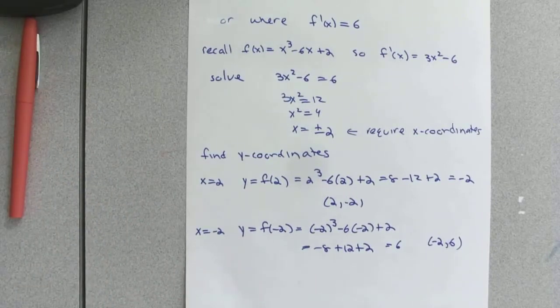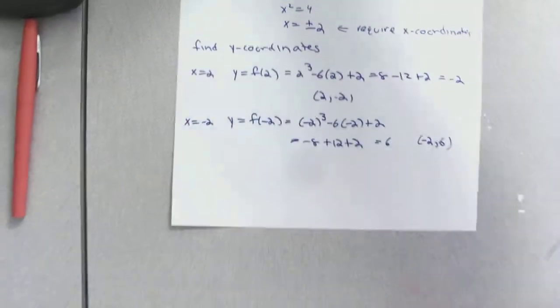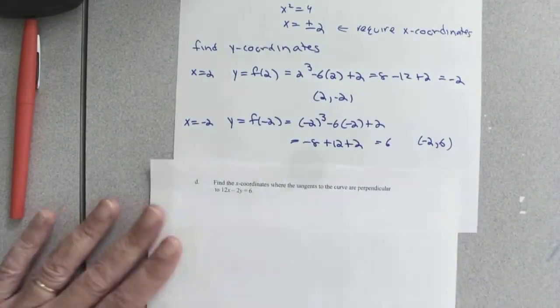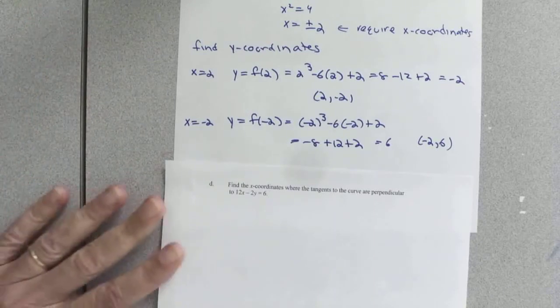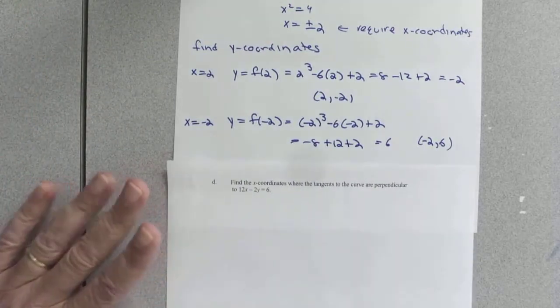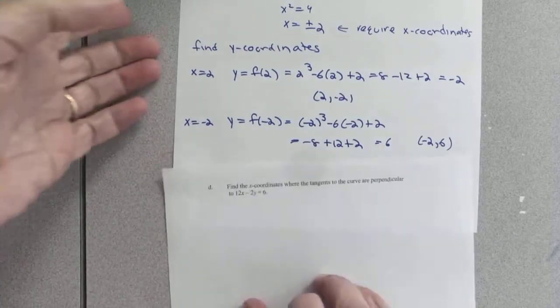One last time working with this same problem, letter D. Very similar. Find the x-coordinates where the tangents of the curve are perpendicular. So the only difference here is perpendicular. And notice this time I've cut us a break. I also just said x-coordinates.